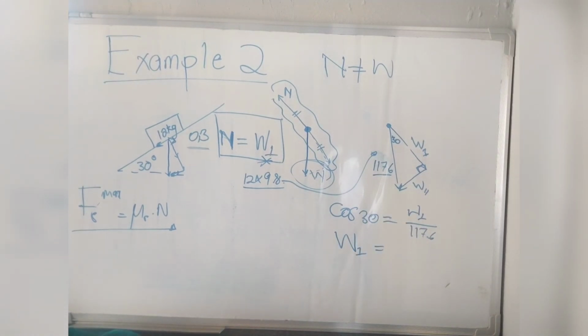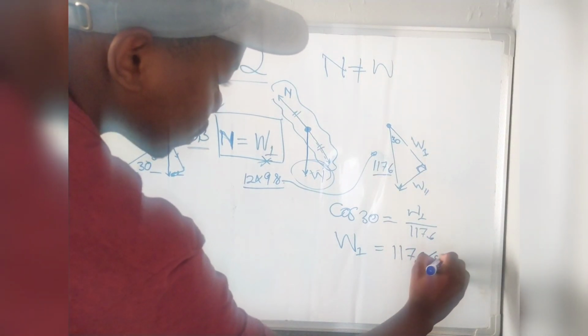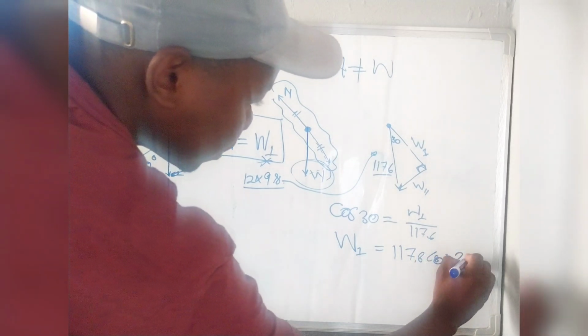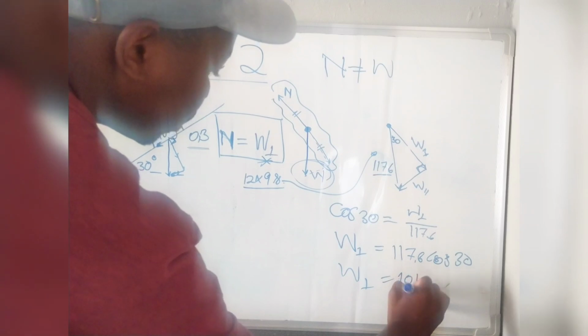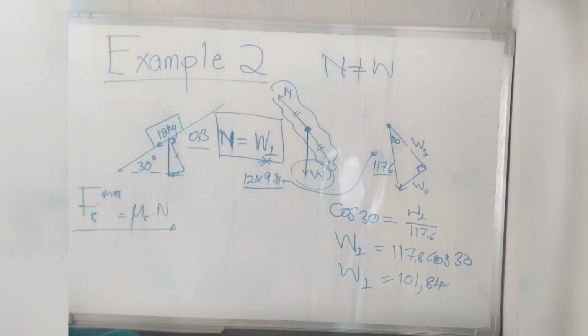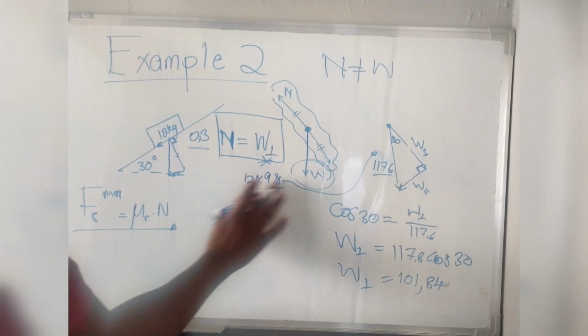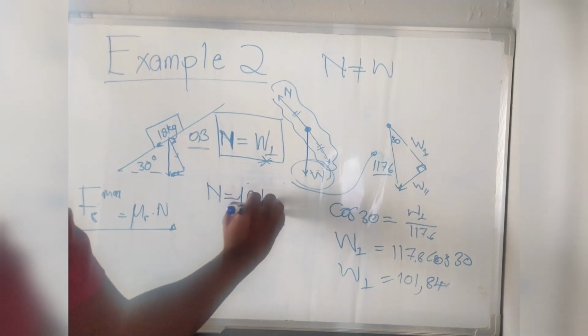We do this with the calculator. We're going to have 117.6 cos 30, and then we're going to get a value of 101.84. So this is going to be our normal force. Therefore, we can say the normal force is 101.84.